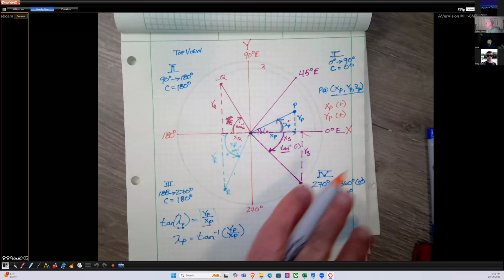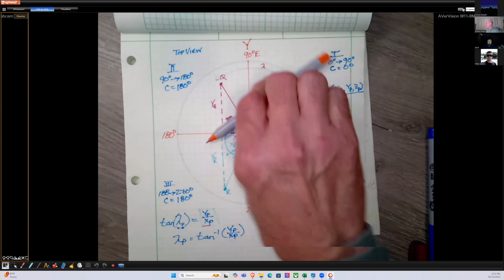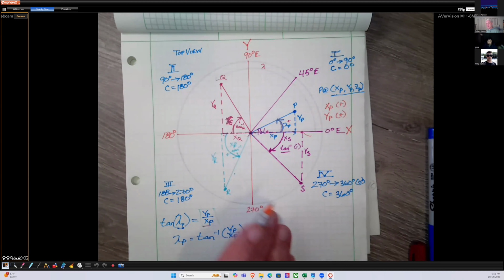And by the way, this is how you learned trigonometry, the mathematical rotational coordinate system. In mathematics, we're always going counterclockwise off the x-axis. Every math class you've ever had has done it that way. We just make it weird when we get into surveying and start talking about azimuth. Azimuth is an outlier, a black sheep.